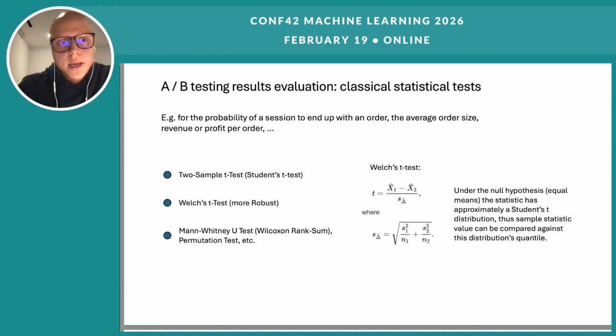And each one of them can be applied to many different characteristics of orders. For example, you can test how the average order size changes, how the revenues or profits per order change. You can test how the conversion of users into orders changes, the probability of a session ending up with an order, and many other things.